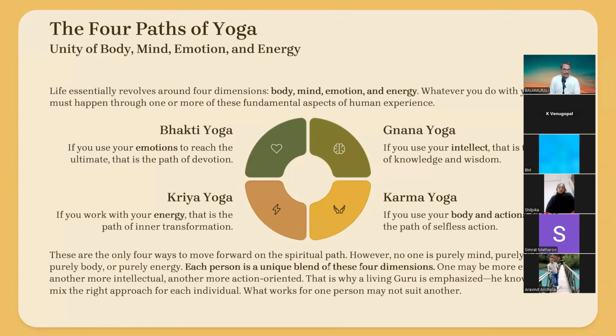So these are the three paths: bhakti yoga, karma yoga, jnana yoga. There is one more yoga called kriya yoga. The main aspect of bhakti yoga is devotion. Jnana yoga is knowledge. Karma yoga is bodily action: do action, do action, do action for everyone. Kriya yoga is a sadhana or action where you transform your energy. When modern science says everything is energy, yoga also says that.